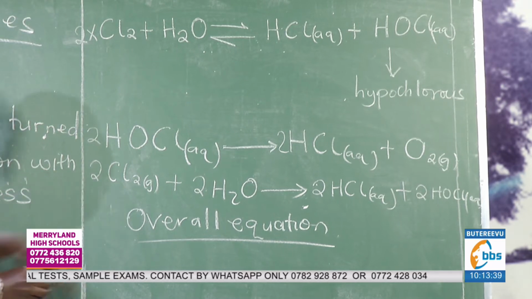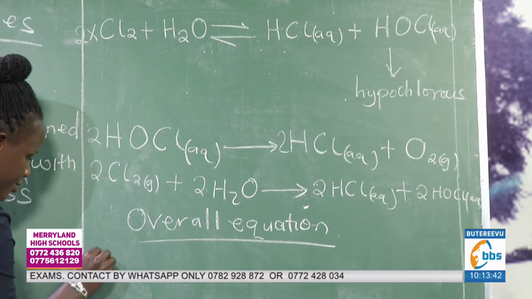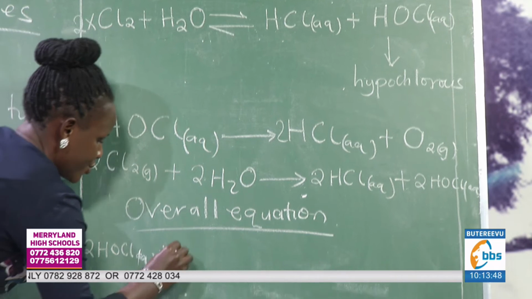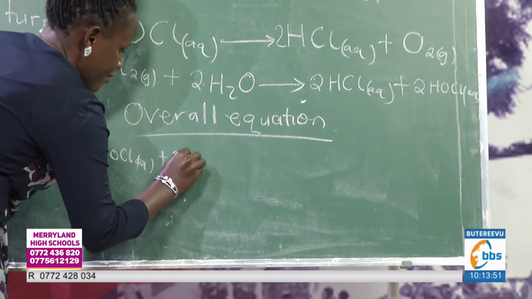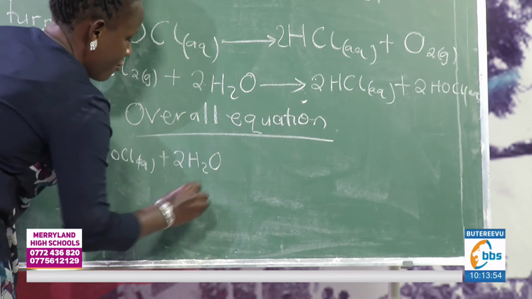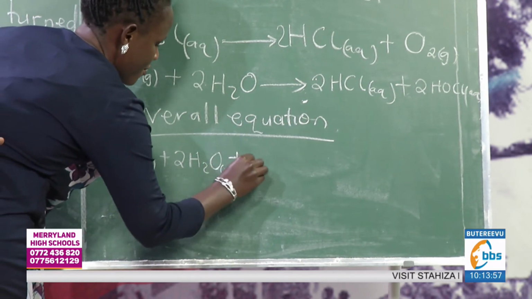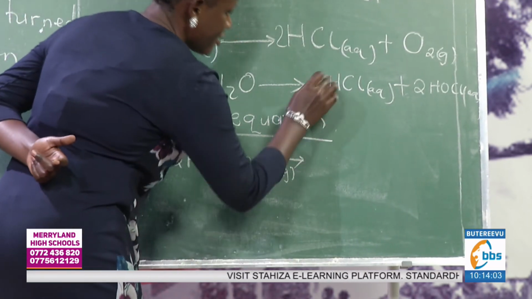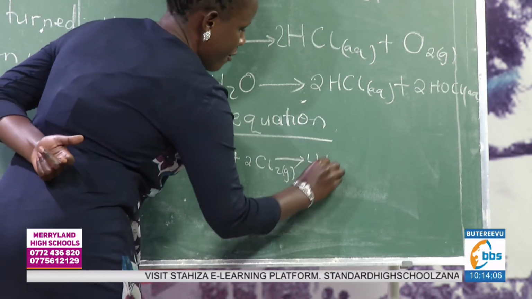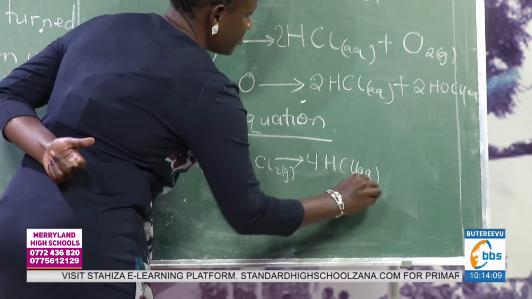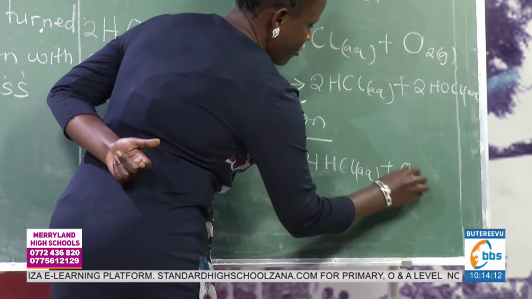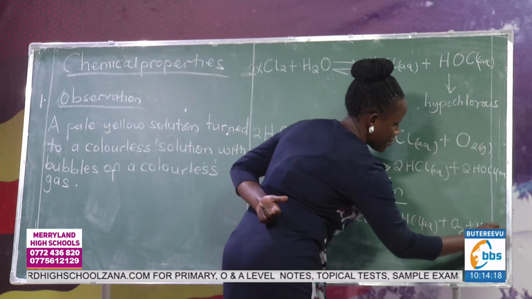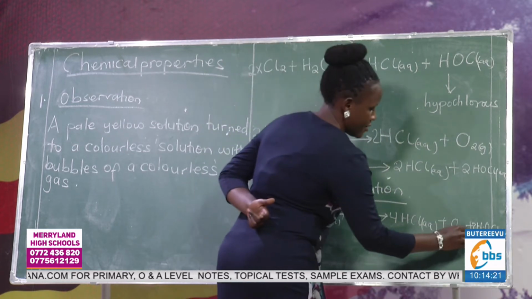The reactants we have: 2 hypochlorous acid plus 2 moles of water plus 2 moles of chlorine gas, giving us this plus this, therefore, plus 4 moles of HCl plus 1 mole of oxygen plus 2 moles of hypochlorous acid. Okay? That is our overall.